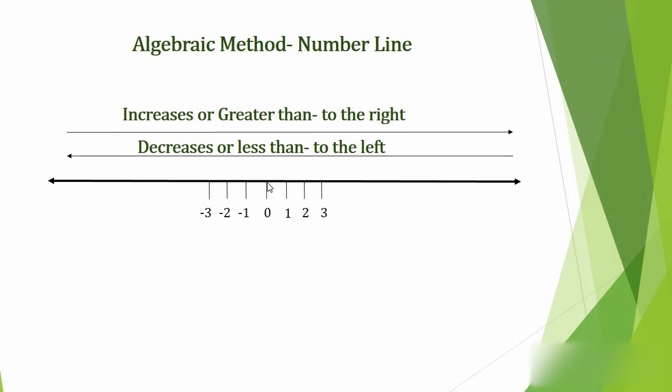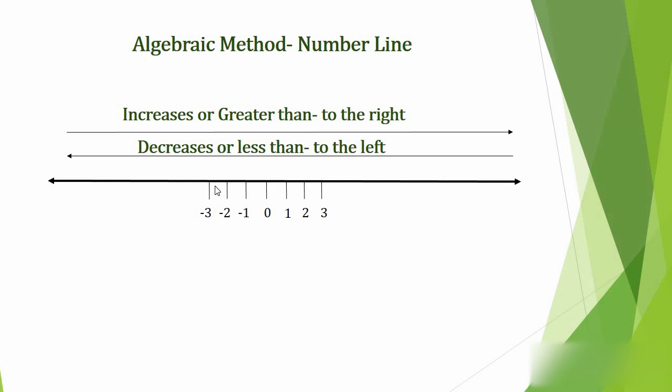We see that in the middle we have 0, which divides the number line into the positive side to the right of 0, and the negative side to the left of 0. And we also see that as we move to the right, the numbers increase. From 0, it increases to 1, to 2, and 3, and goes like that until infinity.